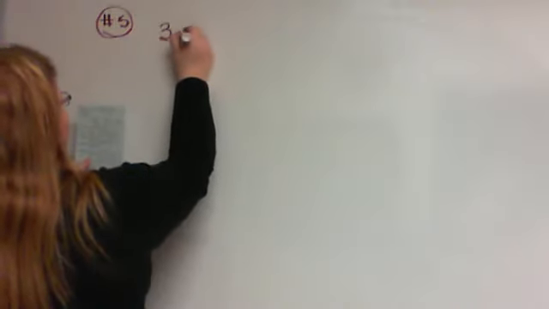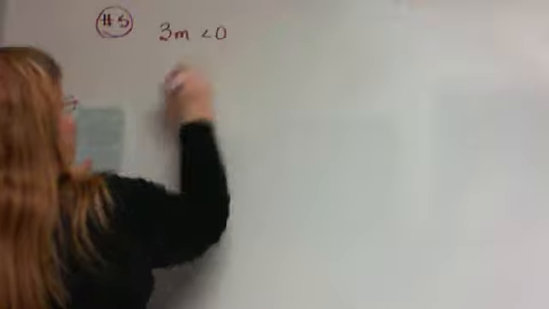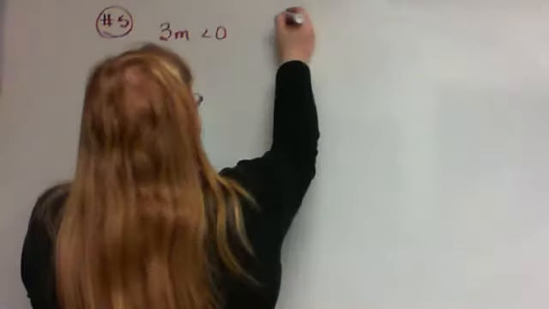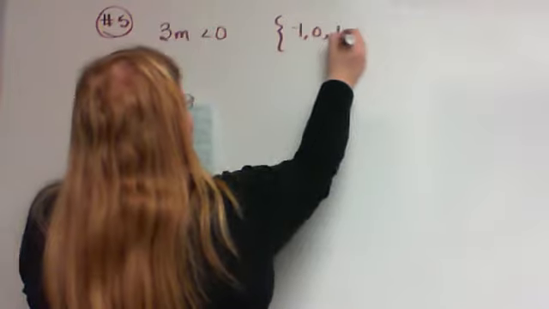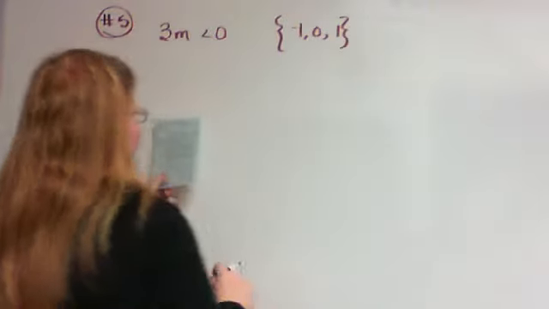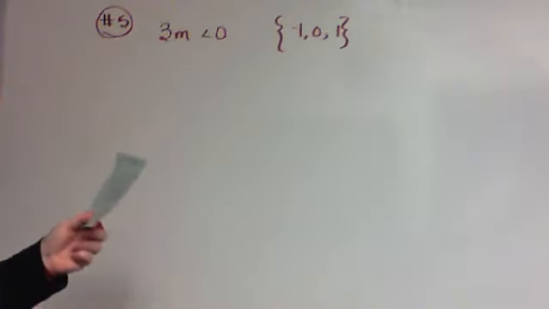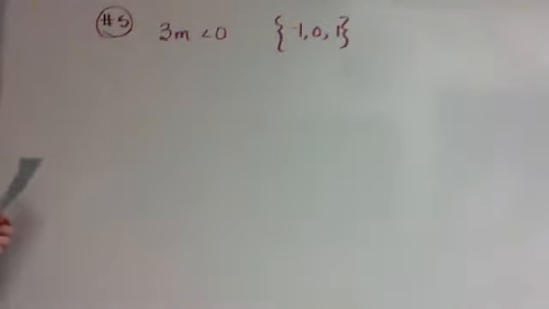I'm looking at the classwork exercises on page 80 in your book. Problem number 5. It says 3m is less than 0, and they give us the set -1, 0, and 1. And they want us to find the solution set.